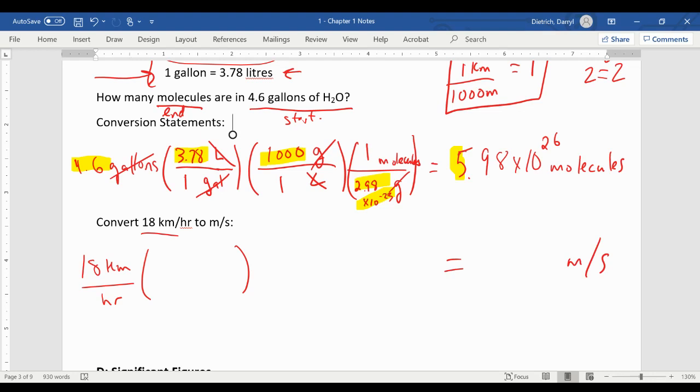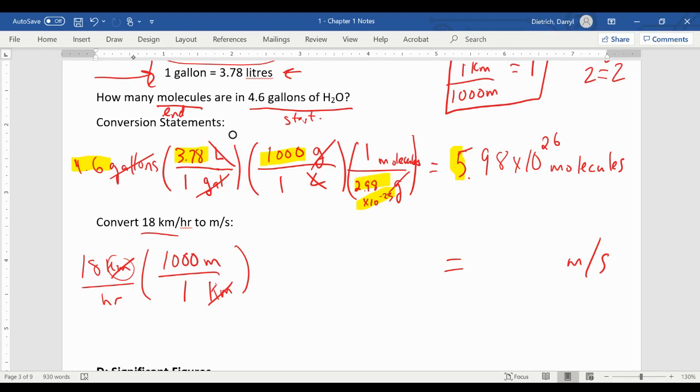If I want to convert first, I want to convert the distance. So I want to convert kilometers into meters. I'm going to put kilometers on the bottom and meters on top. So we have to really ask ourselves, how many meters are there in a kilometer? Kilo means 1,000. So 1,000 over 1 would be our conversion factor there.